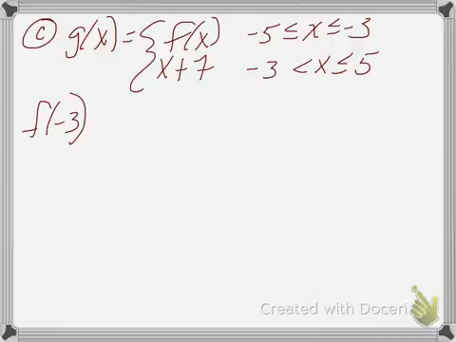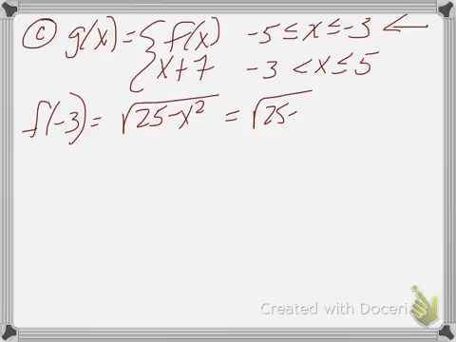So we have to find f of -3 first. When x is exactly -3, we're using the top function, which is f of x. What I personally think is not very clear about this problem is that by f of x, they mean that original function, radical 25 minus x squared. I feel like that wasn't clear. So this will just give us 25 minus 9, which is 4. So f of -3 is 4.